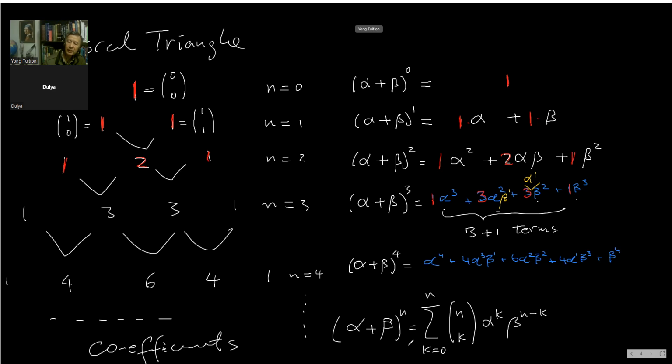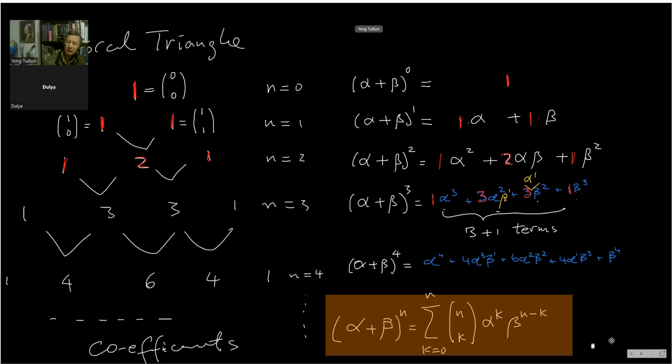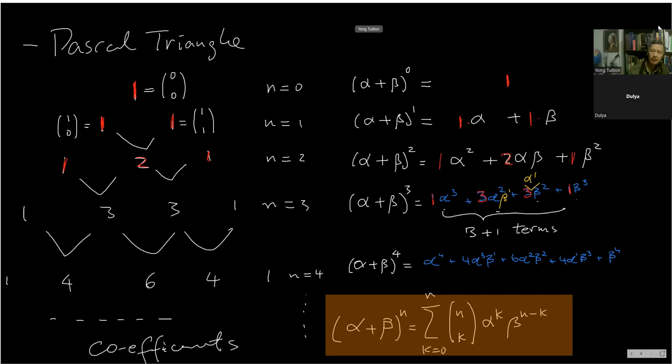In general, this is also a contribution by Isaac Newton; this formula was derived by him. Basically, we can use the Pascal triangle to work out the coefficient.